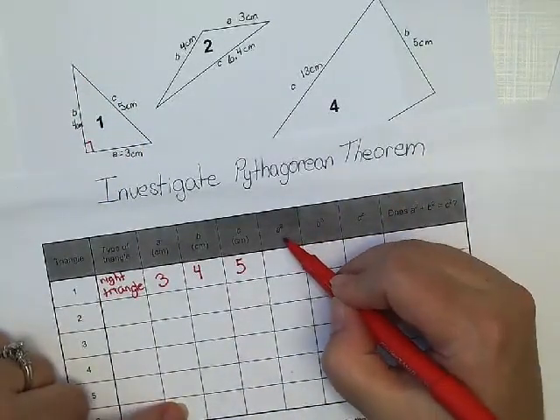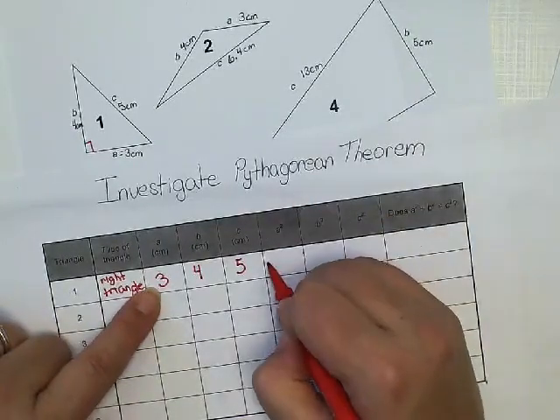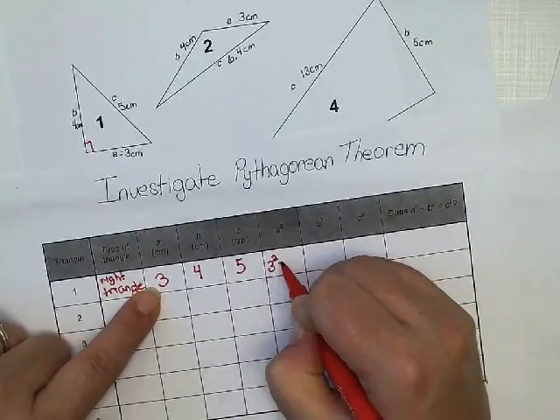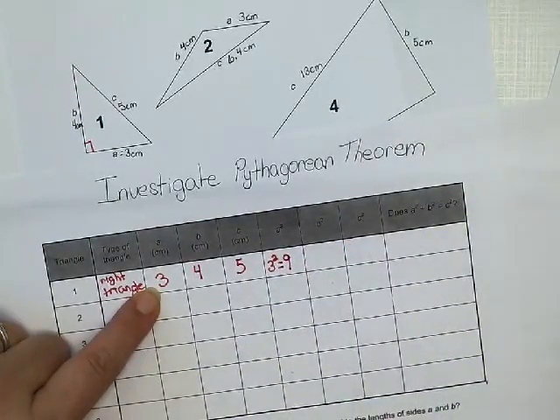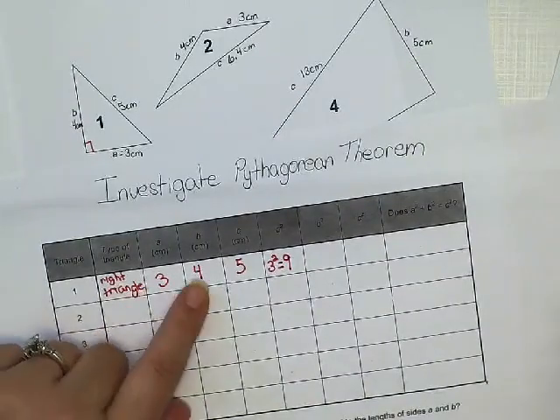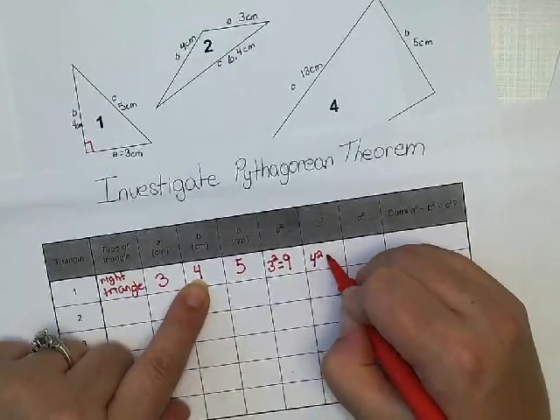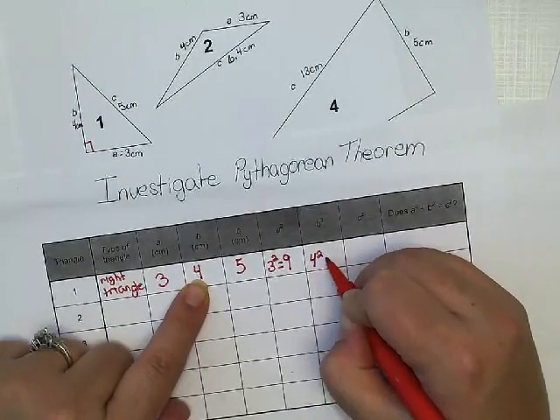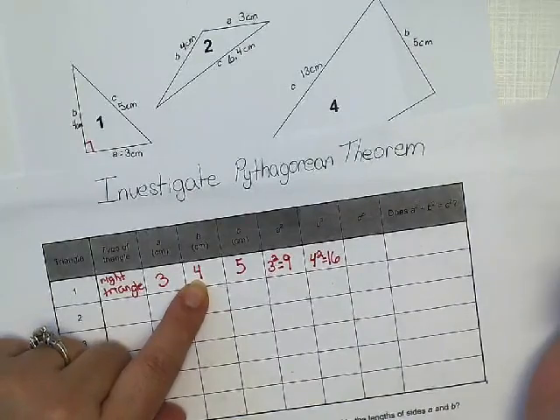Now it's telling us to take A and square it. So my A is 3, and we're going to square it. And that would be 3 times 3, which is 9. Then we're going to take 4 and square it. And that's going to give me 16, because 4 times 4 is 16.